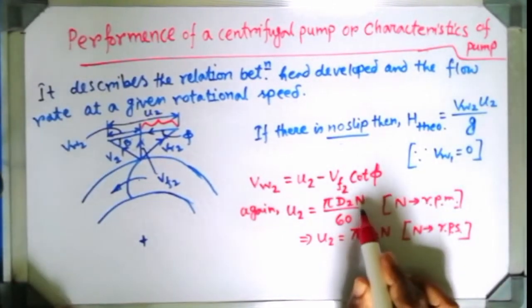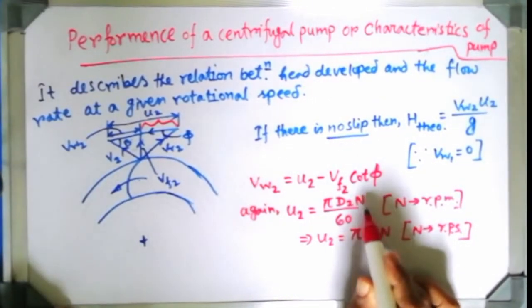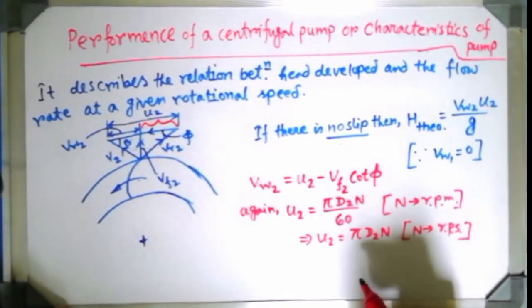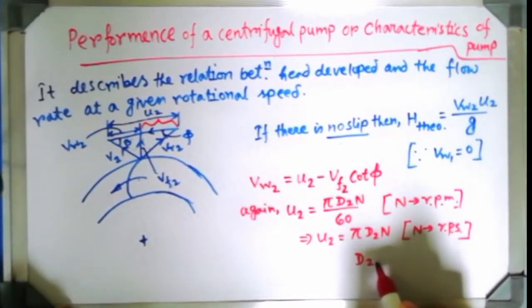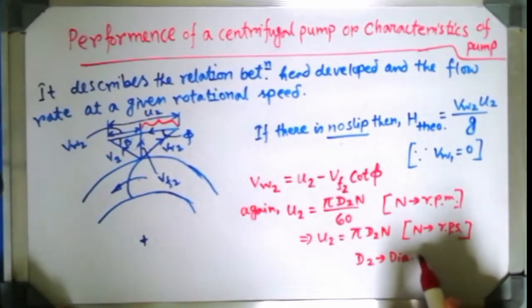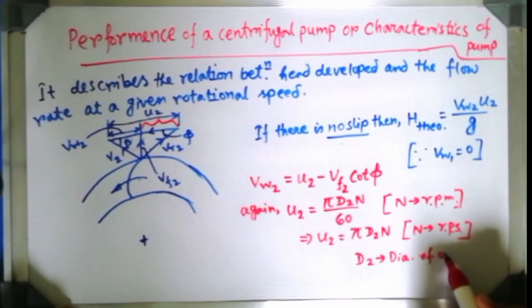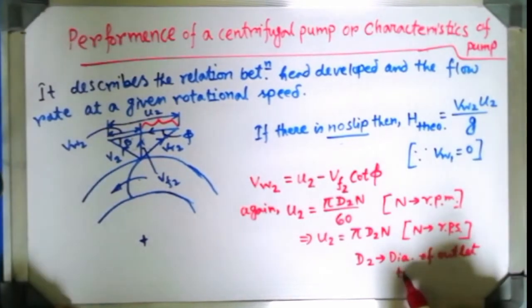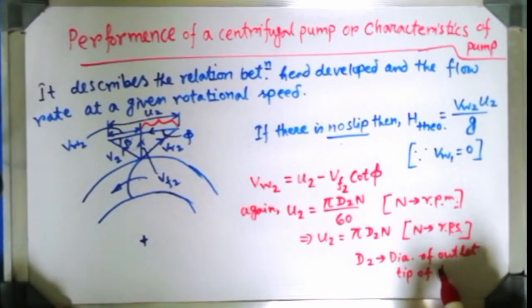Obviously if we express that N in terms of second, then this 60 will be eliminated. And what is d2? Obviously d2 is the diameter of the outlet tip of the blade.